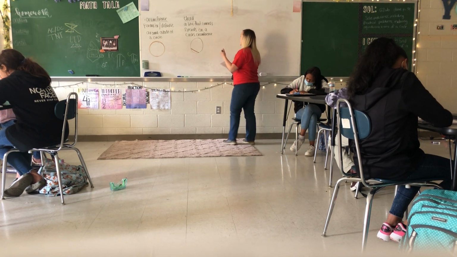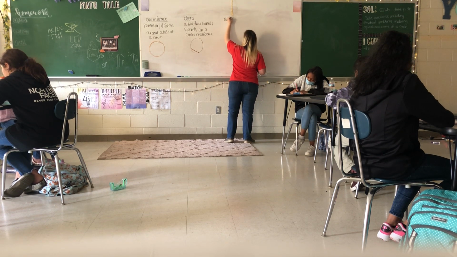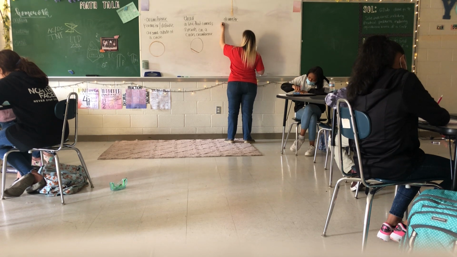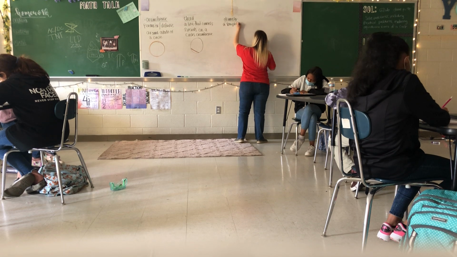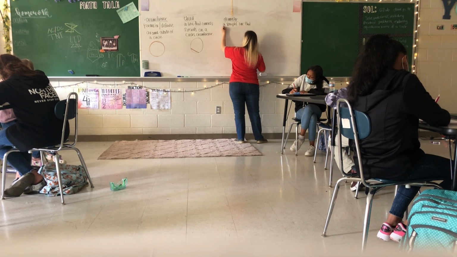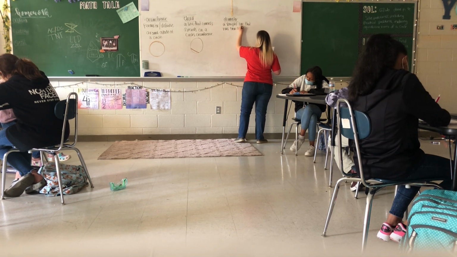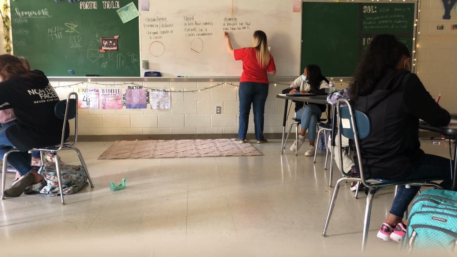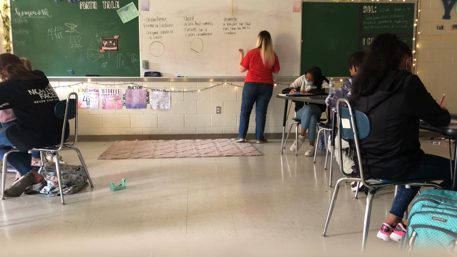Alright, the next one is diameter. And the diameter is a straight line that runs from one side to another. So it sounds similar to this, but one important part that it has to have is that it has to go through the center.